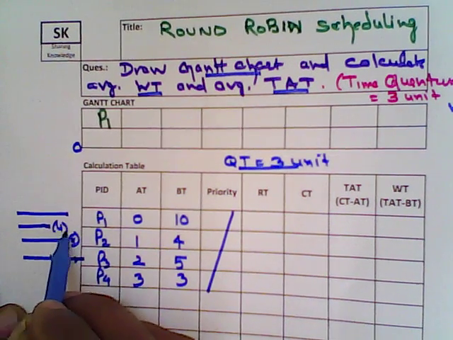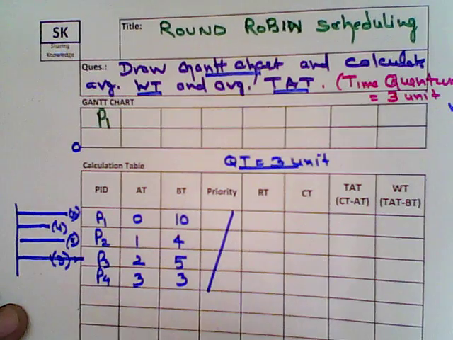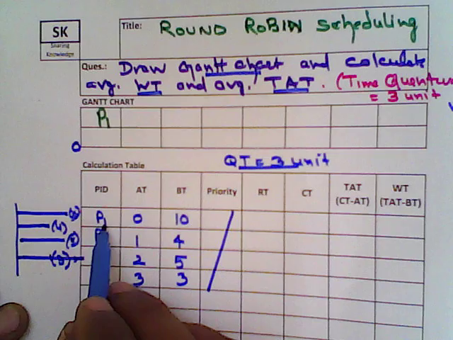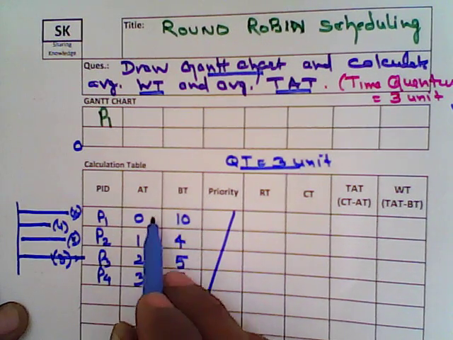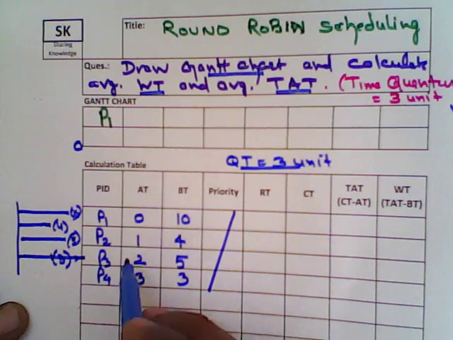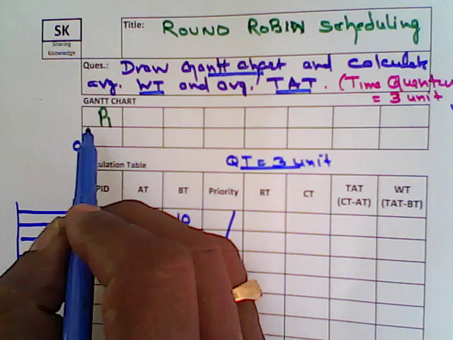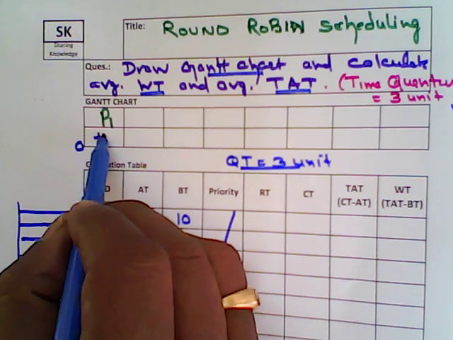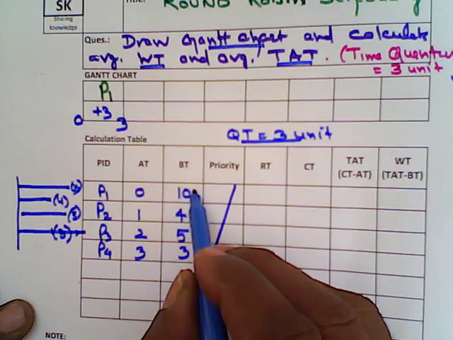As the processes keep moving, we should not allow P1 to run for 10 units in the first instance; rather we have to take care of the other processes. So we will go with 3 units. After 3 units of execution, the remaining time is 10 minus 3, which is 7.